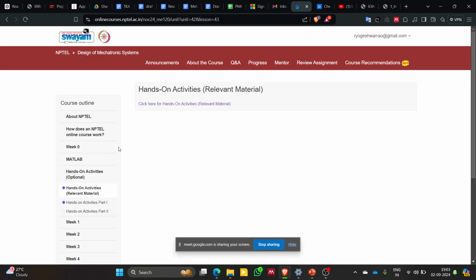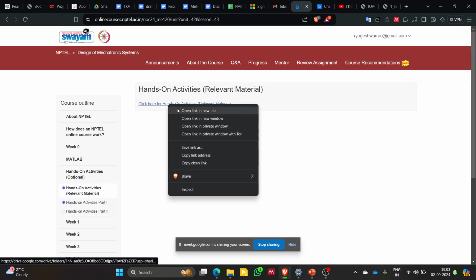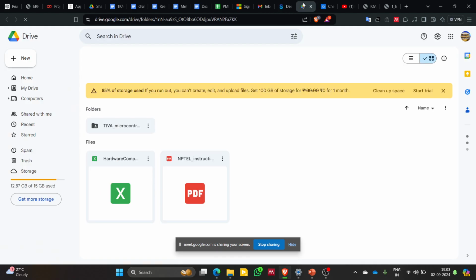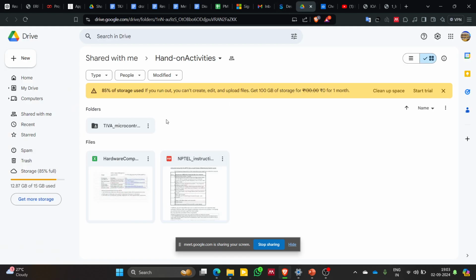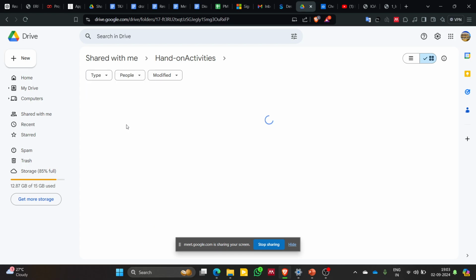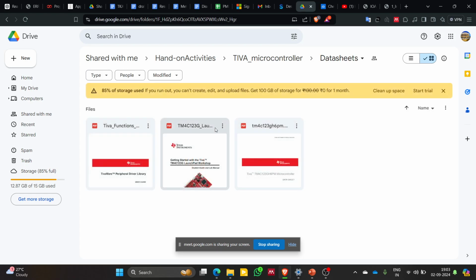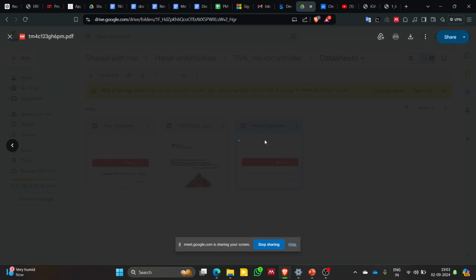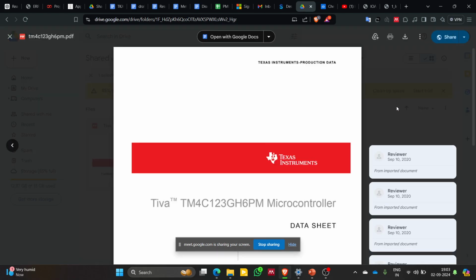You go to this section, it will open, and in this you look into the Google Sheets. In this, the TIVA microcontroller is given here. All the data sheets are available here. You need to go through each of these data sheets. This is the TIVA data sheet. You need to download this data sheet.